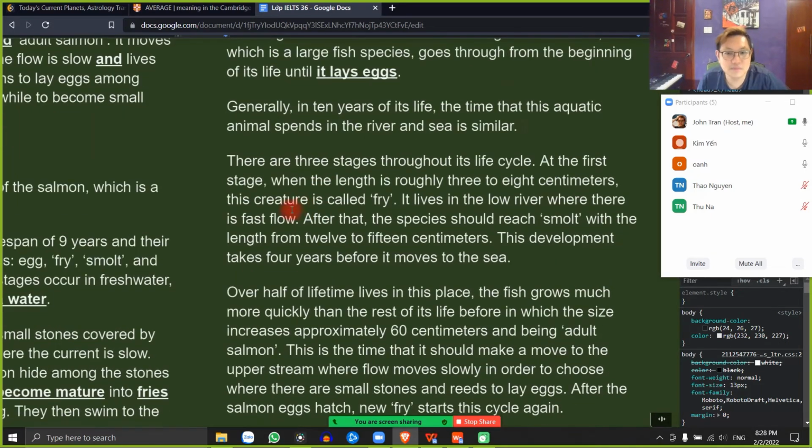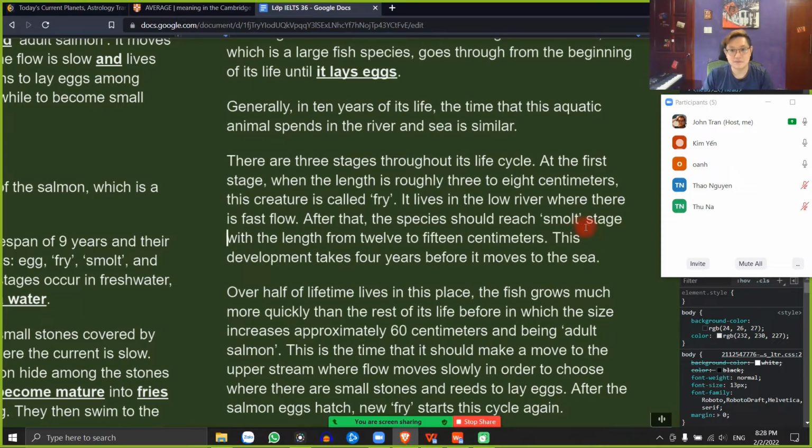Three stages. Low river, where there is fast flow. Nơi mà có dòng chảy nhanh. Where there is fast flow. After that, the species should reach smolt stage.